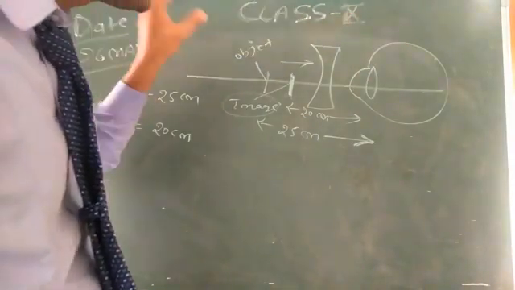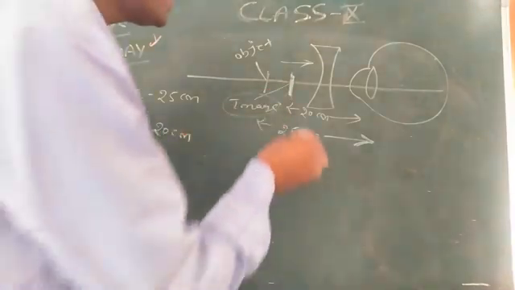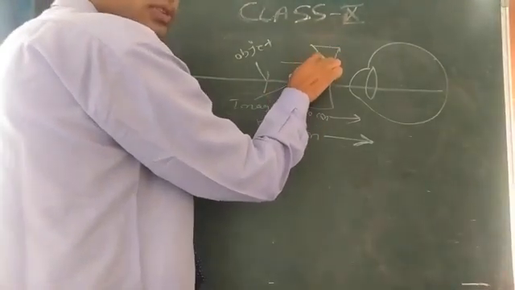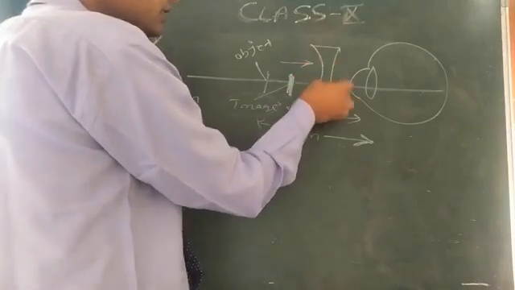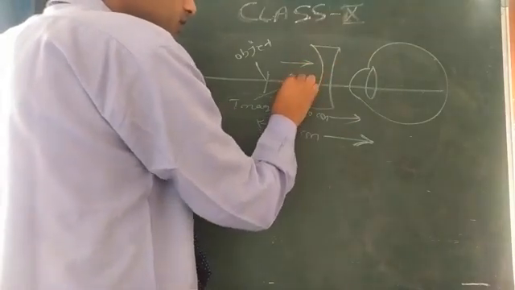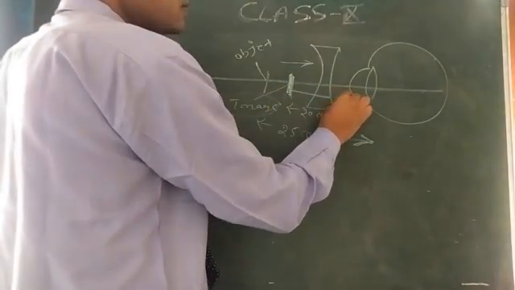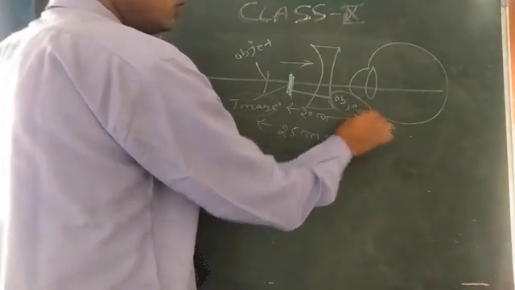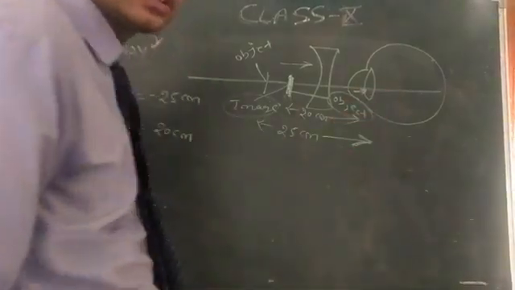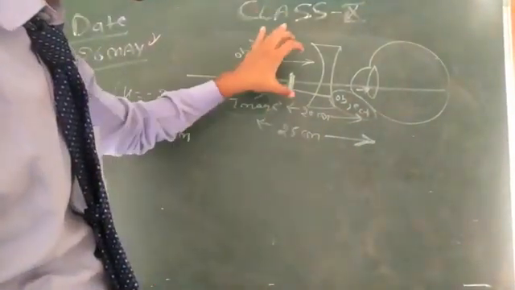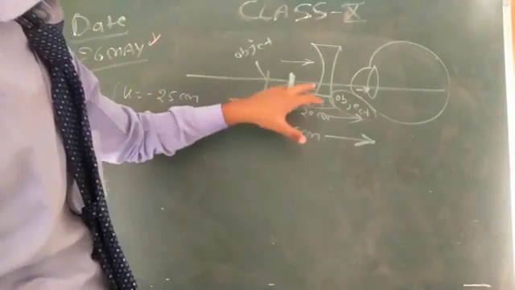It means when the image is obtained at this point by using this extra concave lens, this image will work as an object for the eye lens, so we can read the book easily.